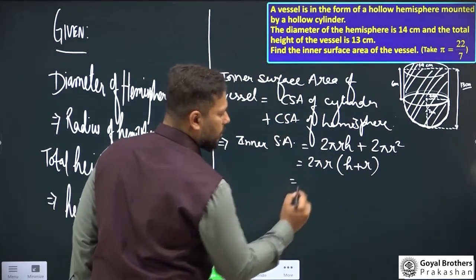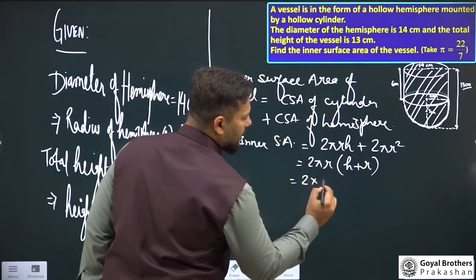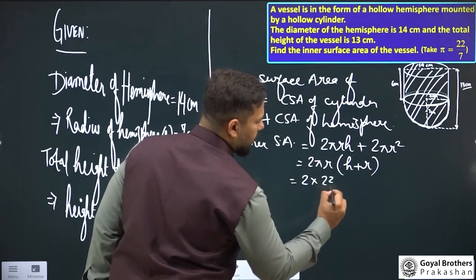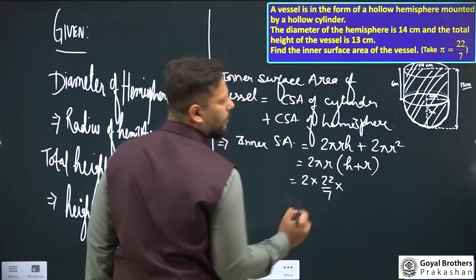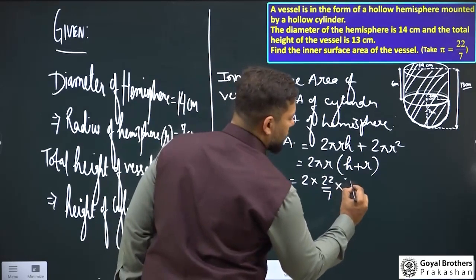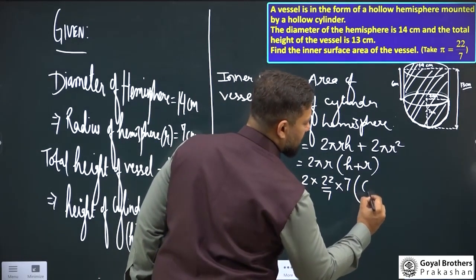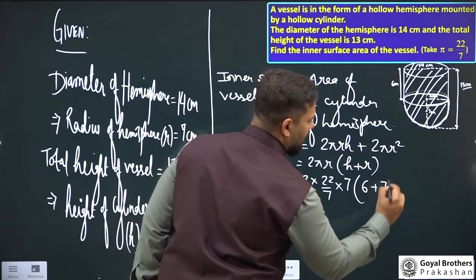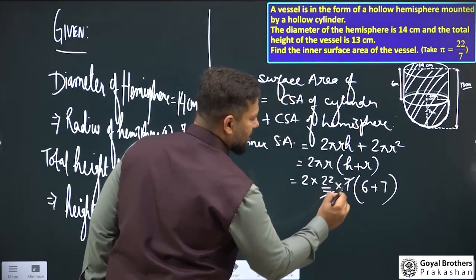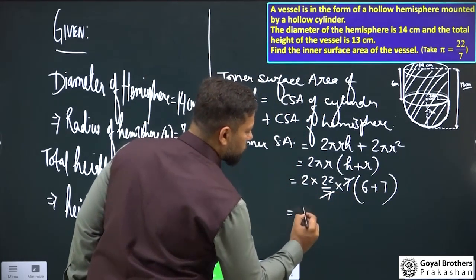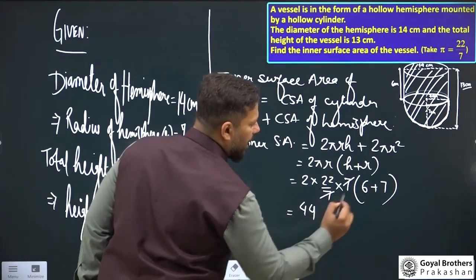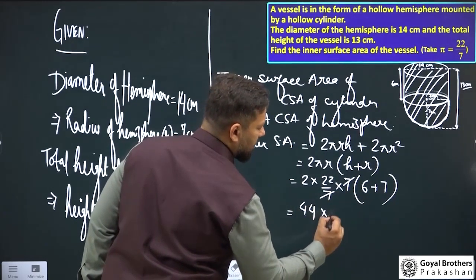Let us now substitute the values. 2 multiplied with pi, that is 22 by 7, multiplied with radius r, that happens to be 7, and then we need to write h as 6 and r as 7 again. This 7 cancels this 7. 2 times 22 is 44 and 6 plus 7 is 13.